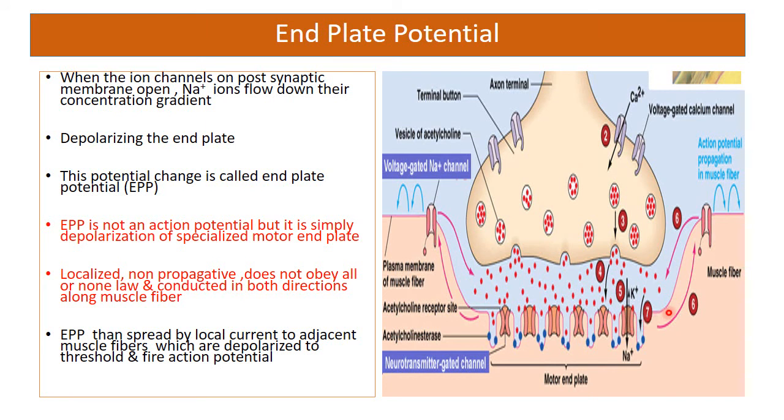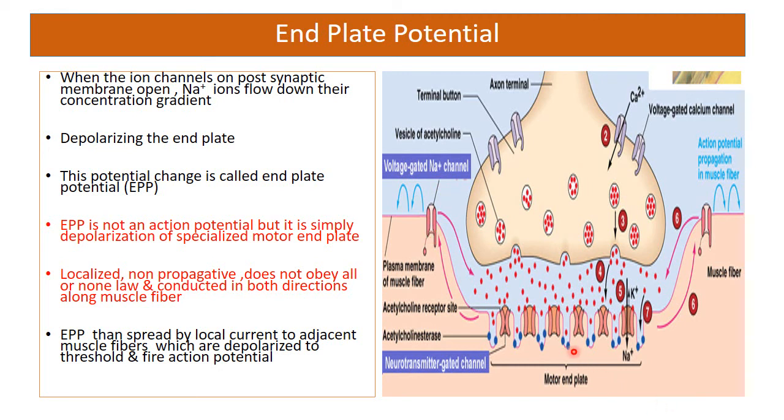Now this end plate potential voltage causes adjacent voltage gated sodium channels to open and causes the muscle fiber to depolarize to threshold and fire an action potential. Noted, these are the voltage gated sodium channels. Here you can see they open due to the end plate potential voltage.